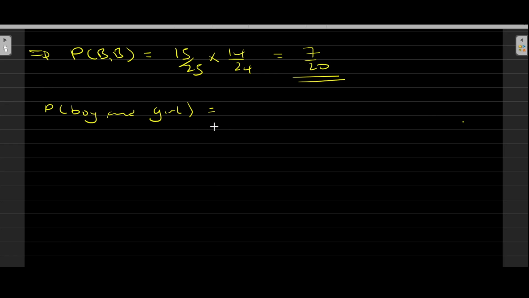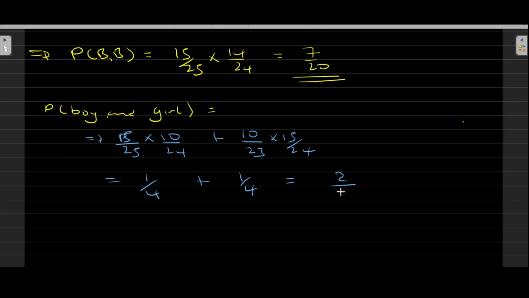So I'll write it down: 15 out of 25 times 10 out of 24 plus 10 out of 25 times 15 out of 24. If I multiply here, this will give me 1 out of 4 plus 1 out of 4. If I add, that gives 2 out of 4. Dividing by 2, I get 1 out of 2.